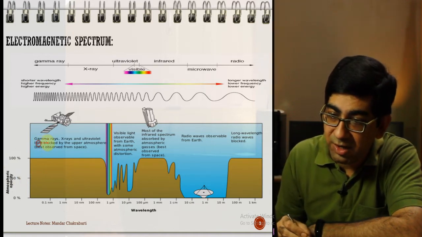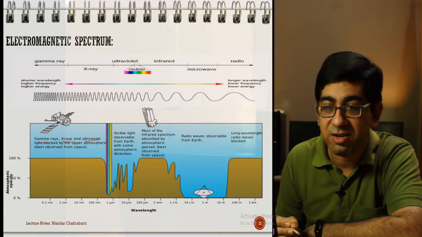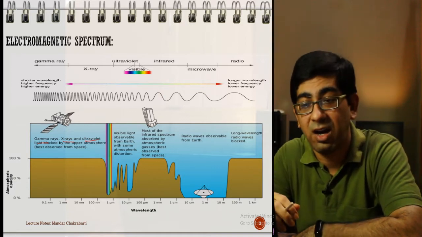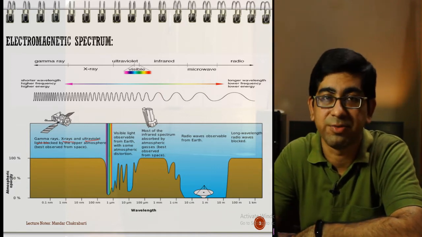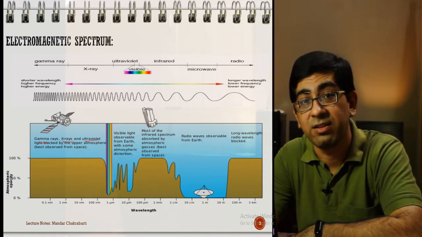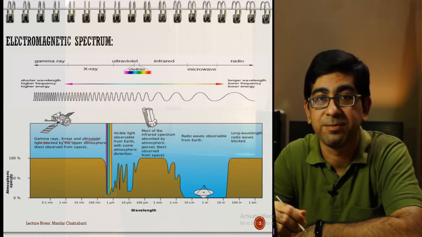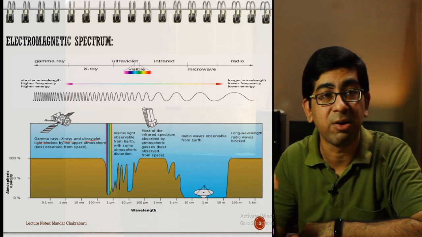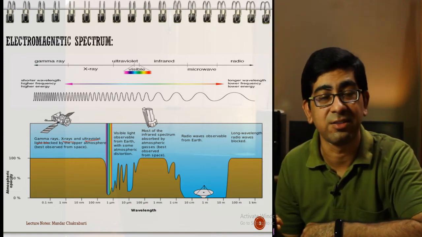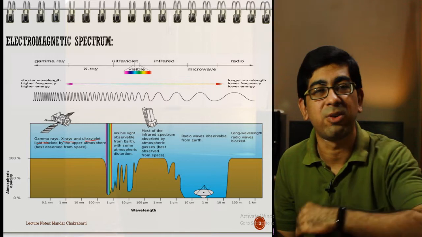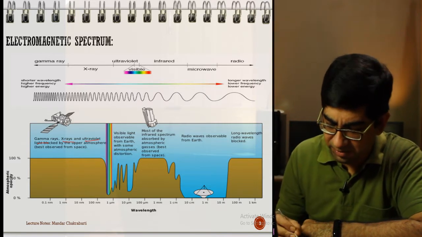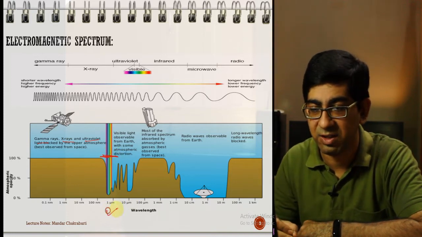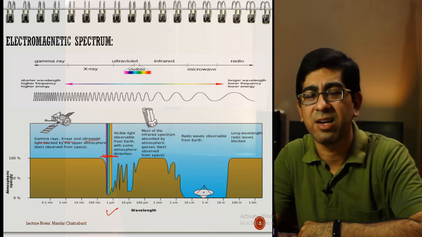Now, gamma rays, X-rays and ultraviolet light, which are all generated by our sun, are blocked out by the Earth's atmosphere. And it's a very good thing that it happens in this particular way. Because if we humans were actually exposed to gamma rays, X-rays and ultraviolet rays, then we would end up with terrible forms of disease. Now, the visible spectrum is of course observable from the surface of the Earth with a slight amount of atmospheric distortion.